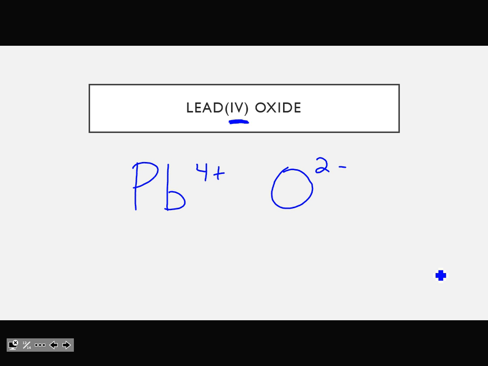This is the one that I told you if you crisscross it, you get it wrong. Because the correct formula for lead 4 oxide is PbO2. PbO2 is the correct answer. If you crisscross that, you would get Pb2O4, which would not be correct.